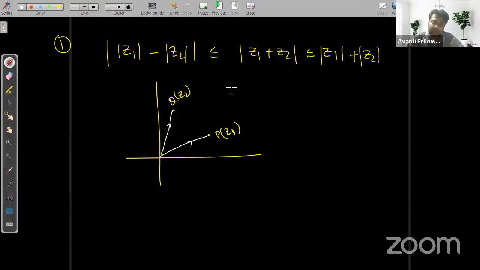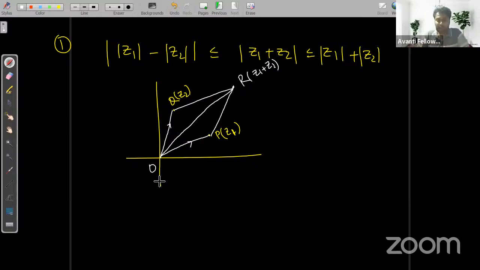Suppose this point is R, which is Z1 plus Z2. Now if we join the origin to the point R, OR is the length, that is mod of Z1 plus Z2.